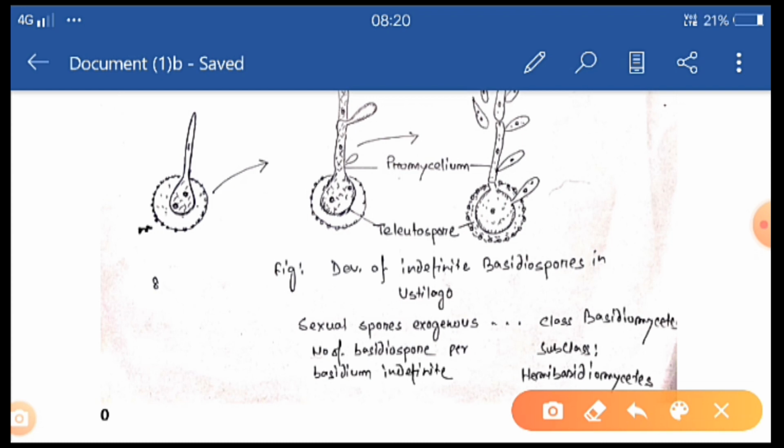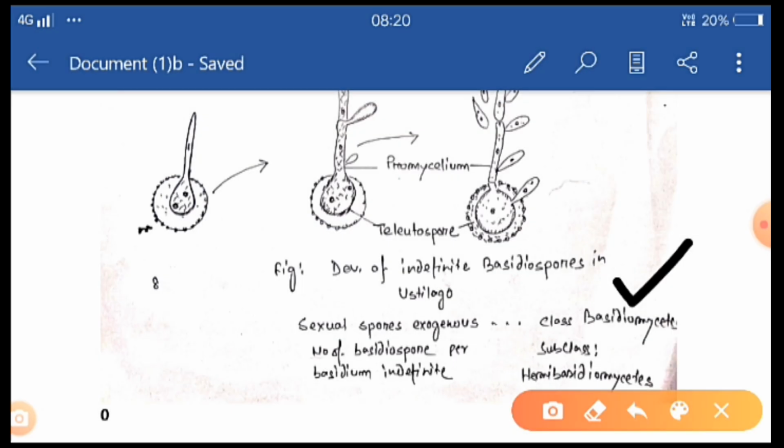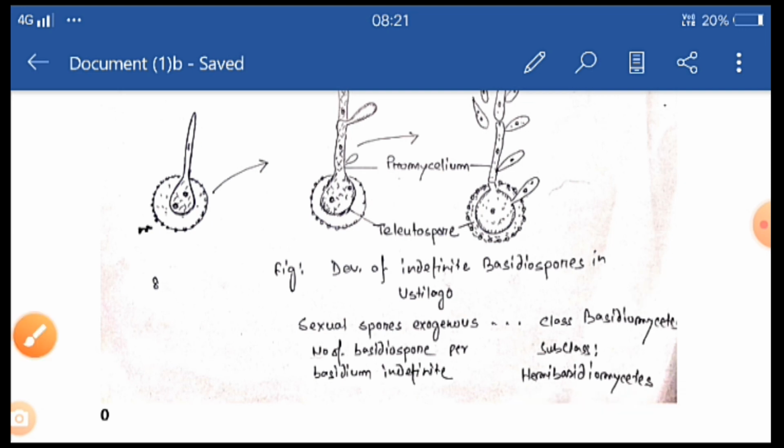So a new class is formed, and that class is Basidiomycetes. Here the number of spores is indefinite, hence this fungus is placed under subclass Hemibasidiomycetes of the class Basidiomycetes.